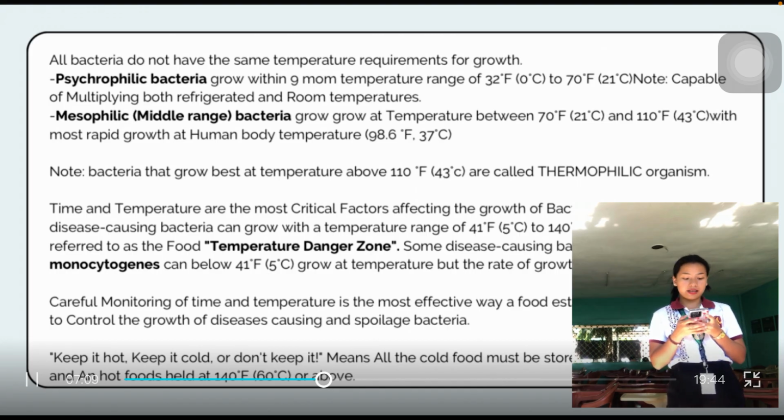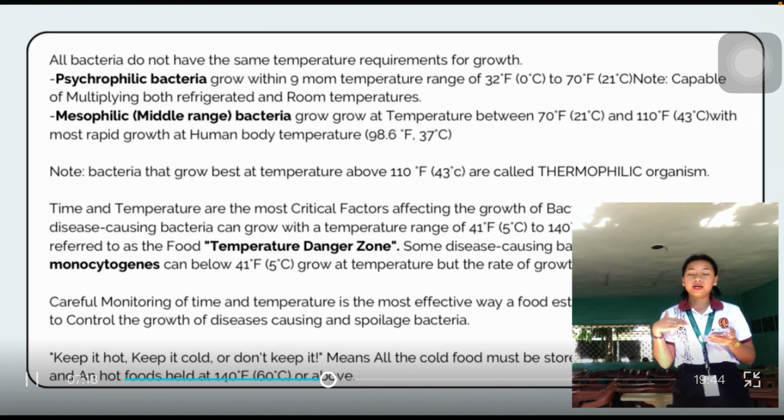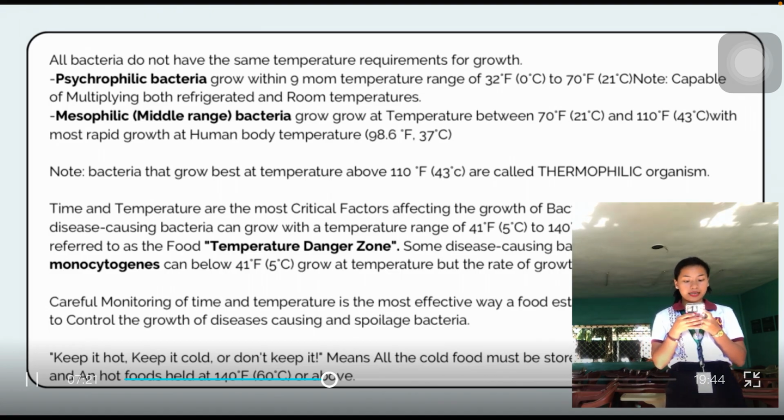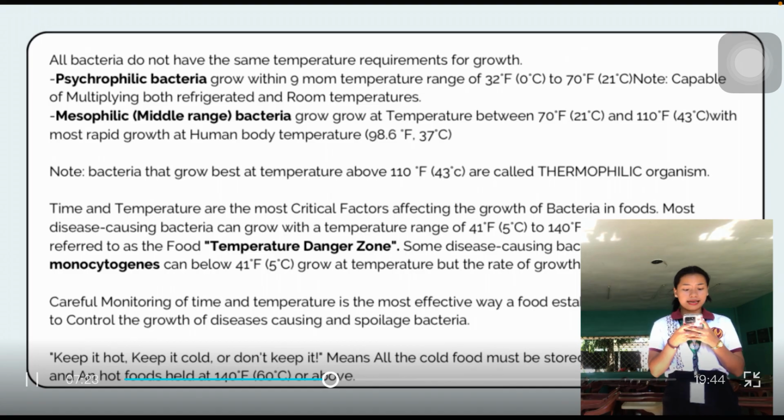Mesophilic bacteria mostly grow rapidly at human body temperature. Please note that bacteria that grow best at temperatures above 110 degrees Fahrenheit and 43 degrees Celsius are called thermophilic organisms. Time and temperature are the most critical factors affecting the growth of bacteria in foods.